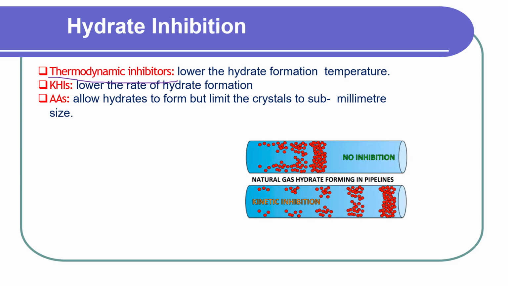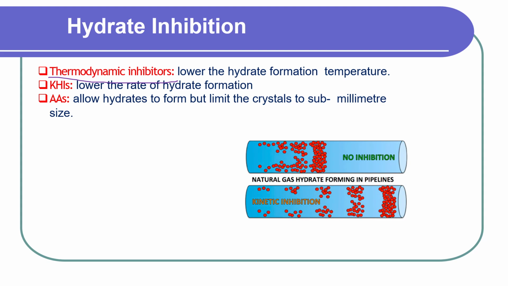So when we add thermodynamic inhibitors such as salt or brine, or for example methanol or glycol, in fact you are reducing the hydrate formation temperature, which means that you are giving more chance for the gas to flow without a hydrate formation scenario.